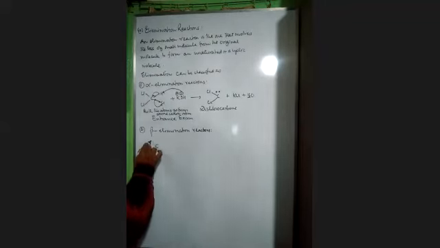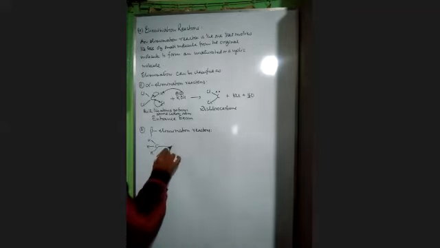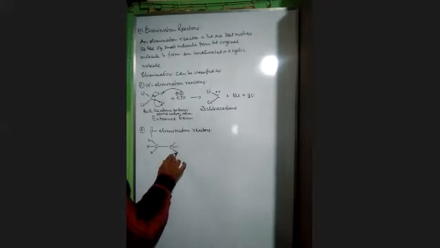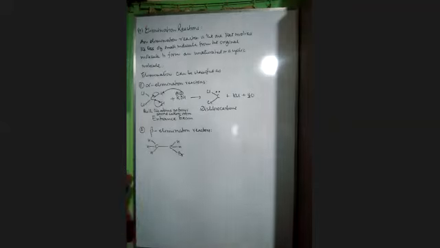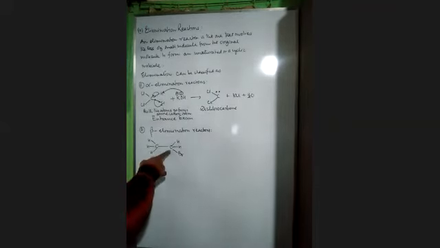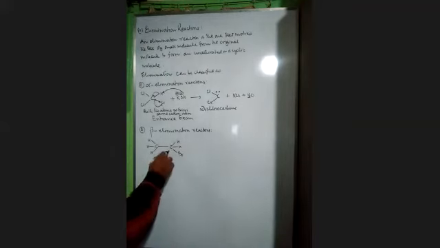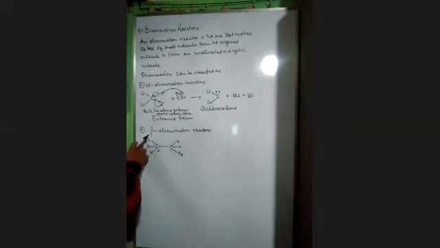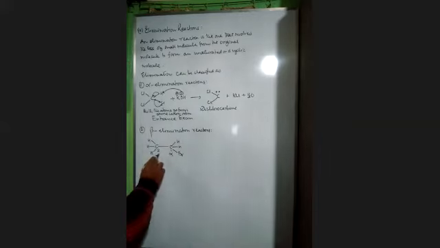In beta elimination reaction, this is H. See here. In this case, what happens? Bromine goes from the first carbon, because you should number here 1 and this is 2. Hydrogen will go from the second carbon. So if this is alpha, then this is beta.